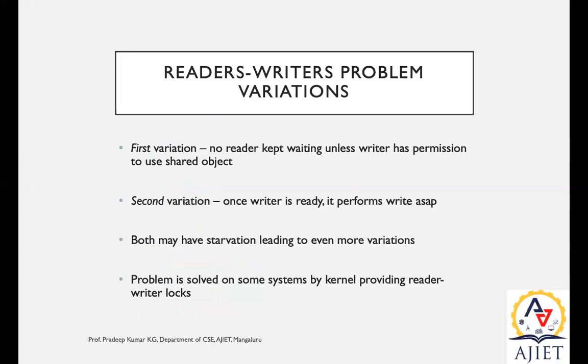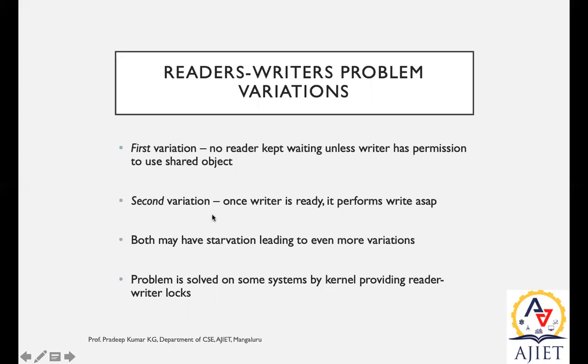The first variation is that no reader is kept waiting unless the writer has permission to use the shared object. So until the writer finishes its job with the shared object, during that period no reader is given access. That is the first type of solution. Only one reader can be allowed once the write is completed.